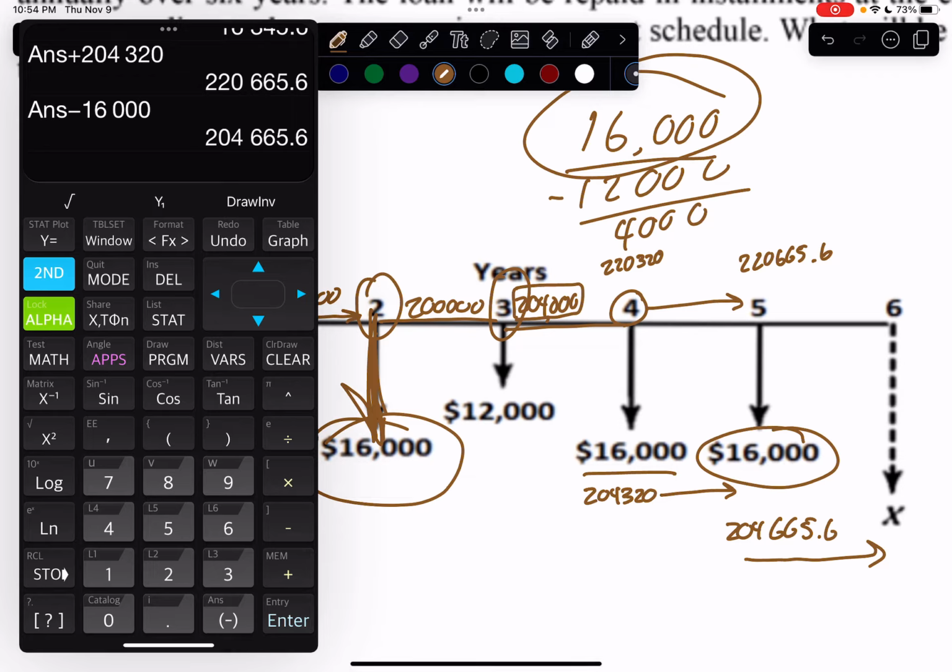So let's multiply that again by 0.08. That's how much interest was earned from this last year, from the beginning of year 5 up to year 6. So let's add that to our balance.